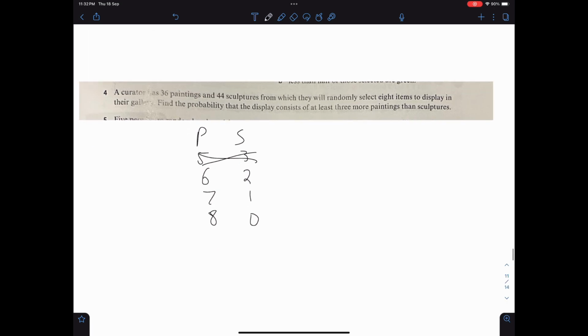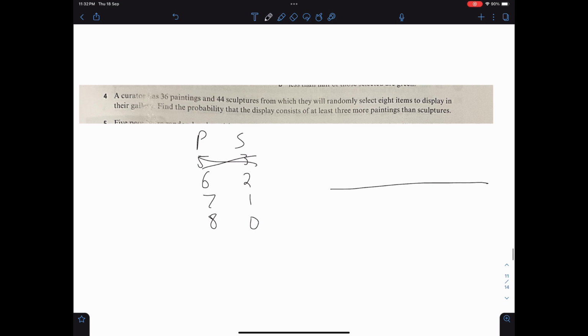So on the numerator, we would do 36 choose 6 times 44 choose 2 plus 36 choose 7 times 44 choose 1 plus 36 choose 8 times 44 choose 0. And likewise with permutations, something choose 0 is just 1.